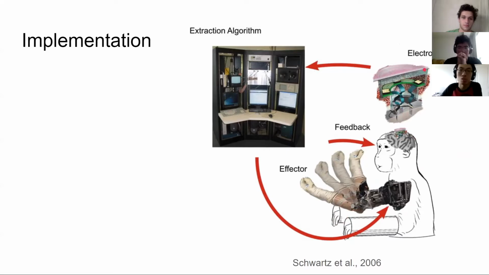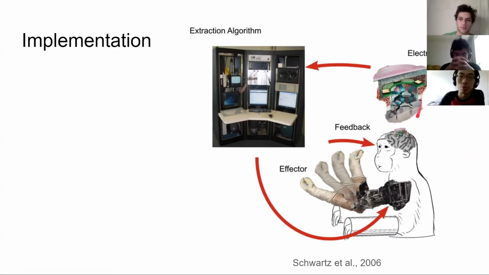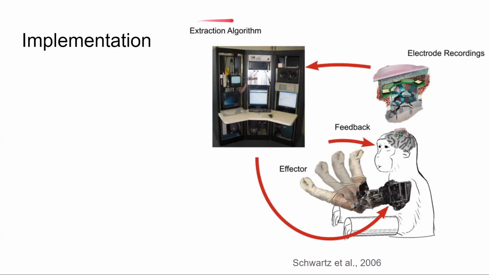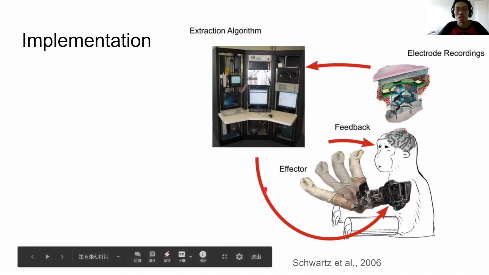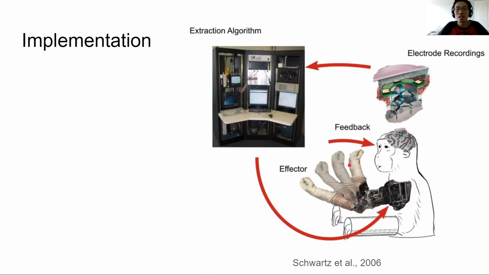The electrode records neural signals from the brain, and then certain extraction or decoding algorithms translate the neural signals into the control signals of the effector. The effector, such as a robotic limb, will move according to these control signals. And then finally, feedback is sent to the subject.